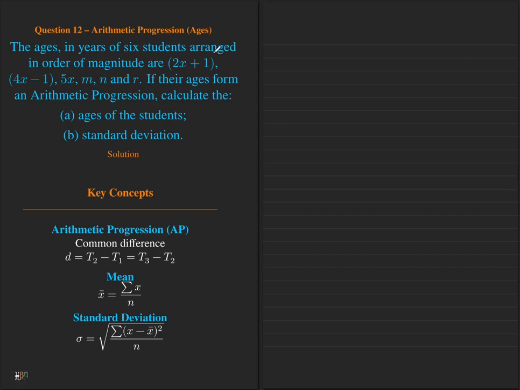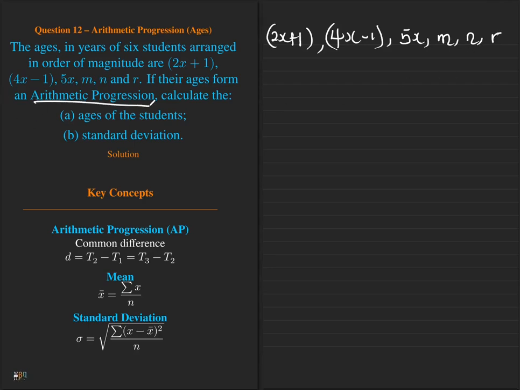For the first one, we have the terms being 2x plus 1, and then the next one being 4x minus 1, and then the next one being 5x, and then m, n, and then r.